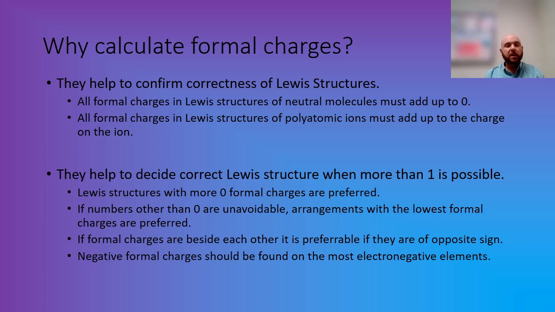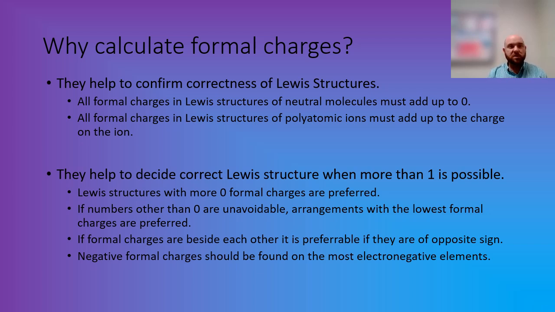Also, in a polyatomic ion, the formal charges must add up to the charge on the ion. So for instance, if we have the sulfate ion, SO4 2-, the formal charges in that ion after we've drawn our structure must add up to -2, or else we have drawn an improper structure.